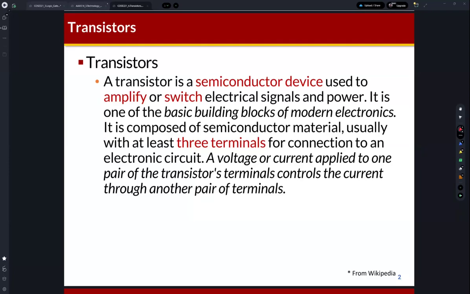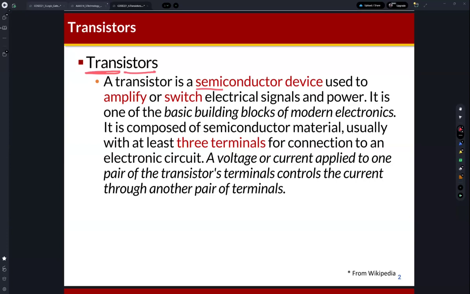If you see the word transistor, you can find this word is composed of trans and resistor. So this is the definition of a transistor from Wikipedia. You can find that this is a semiconductor device, so we can build a transistor using semiconductors.